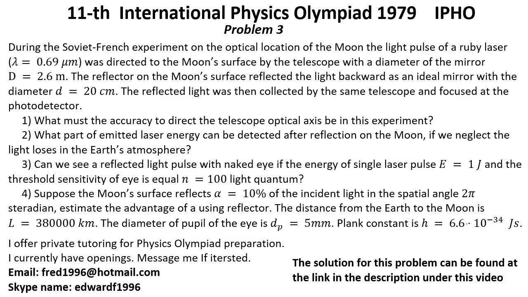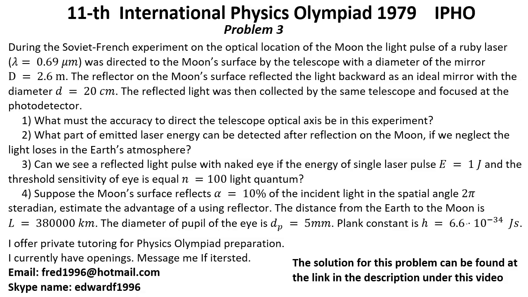The reflector on the Moon's surface reflected the light backward as an ideal mirror with the diameter d equal 20 centimeters. The reflected light was then collected by the same telescope and focused at the photodetector.